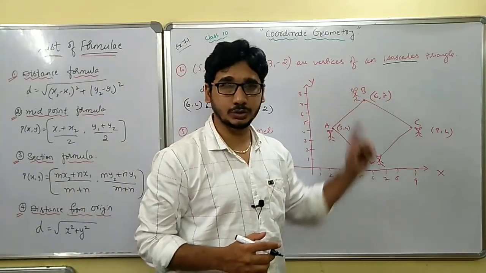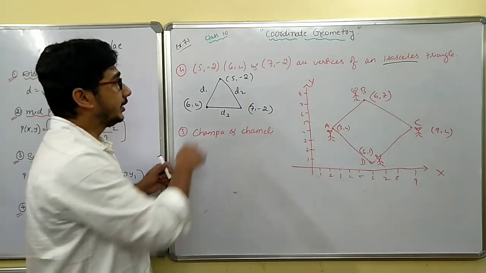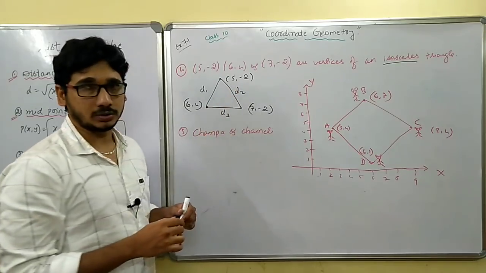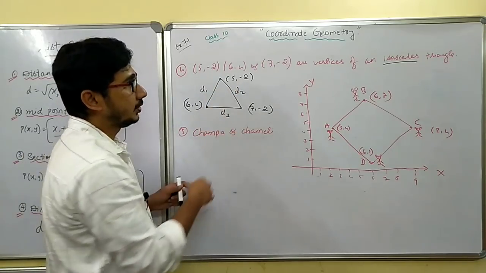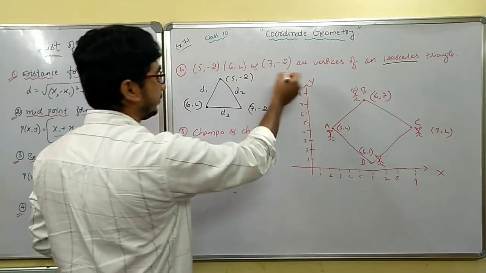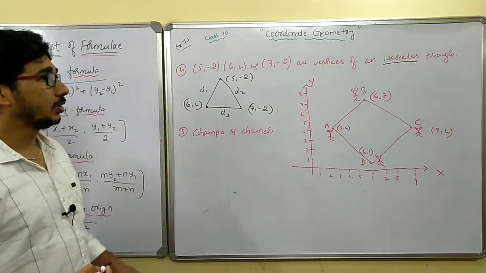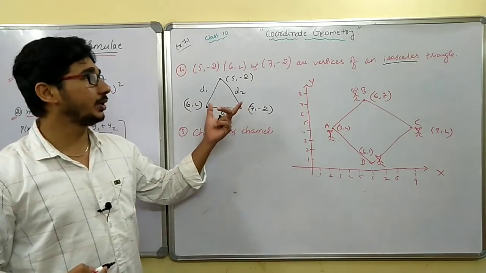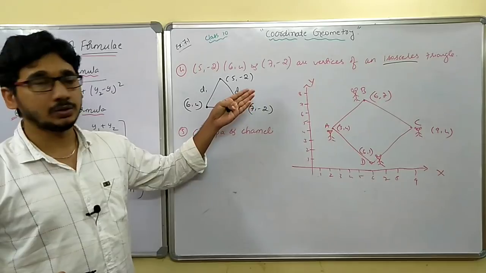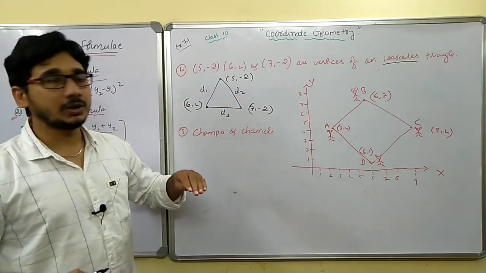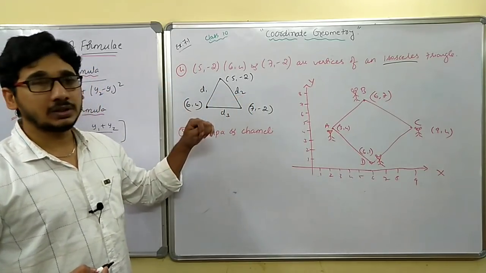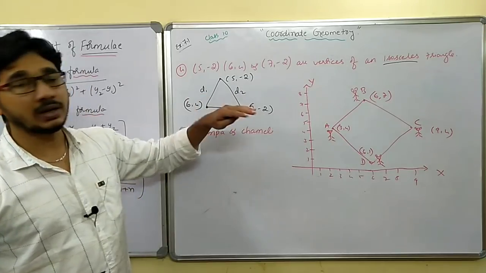Isosceles means two distances should be equal. See whether any two sides are equal or not. If they are equal, then we call these points the vertices of an isosceles triangle. I am giving you this to do. Try to do it yourself. Put it in the comment box whether it is an isosceles triangle or not.